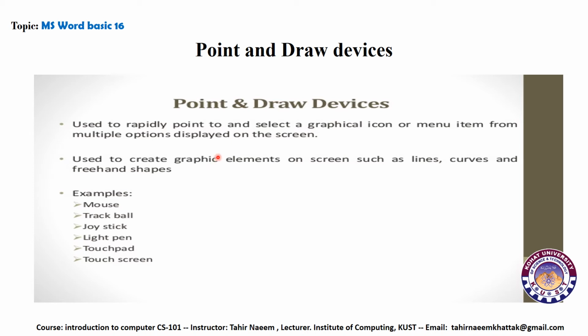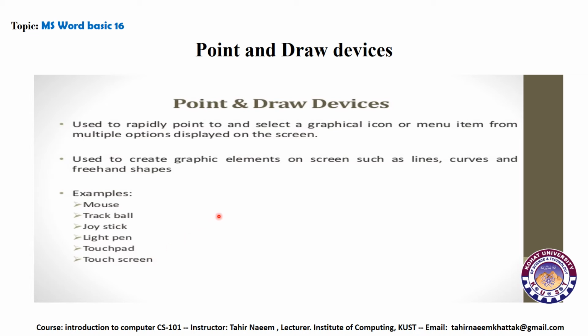The input method is to point and click on the graphical icon or item to convey the input to the computer system. Here are the typical examples of point and draw devices: mouse, trackball, joystick, light pen, touch screen, and touchpad.